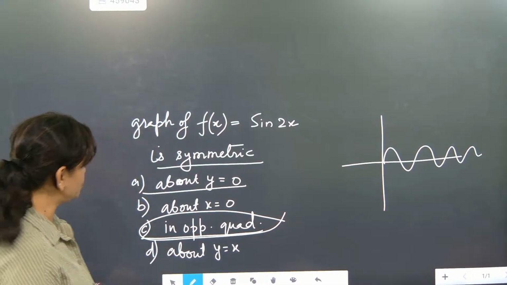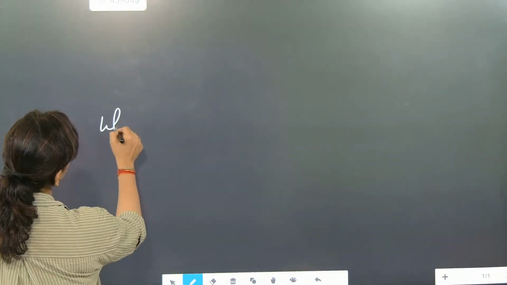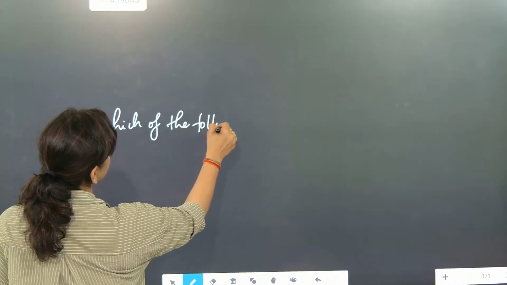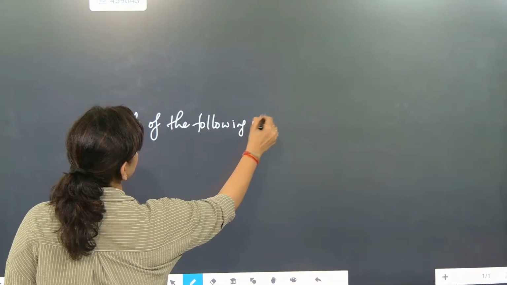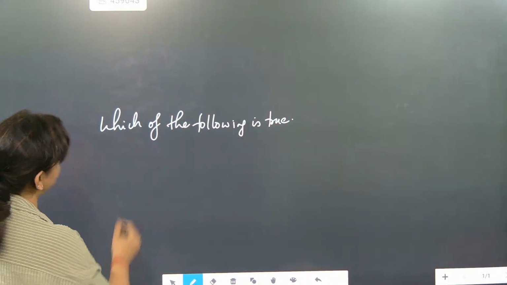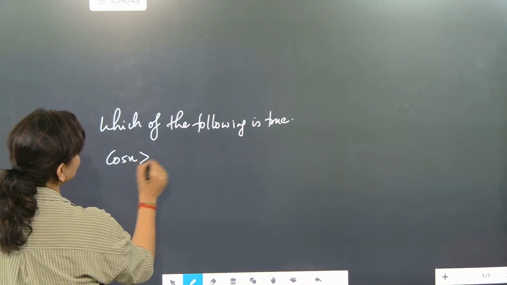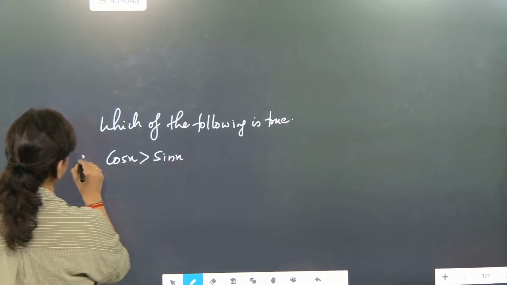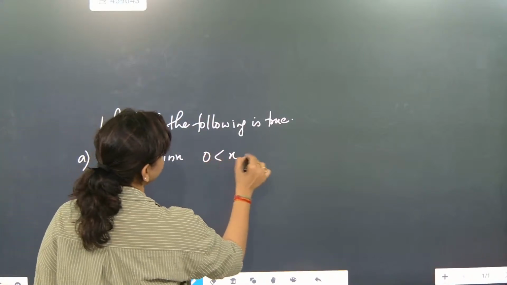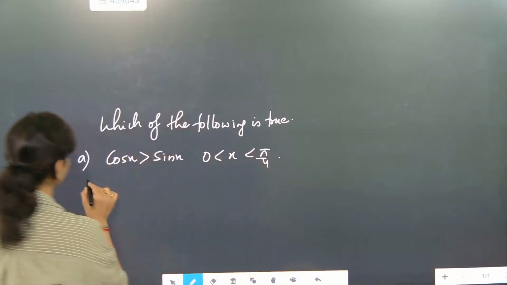Now, which one is true? Let's check this one out. Which of the following is true? First is cos x is greater than sin x when the x value lies between 0 to pi by 4.